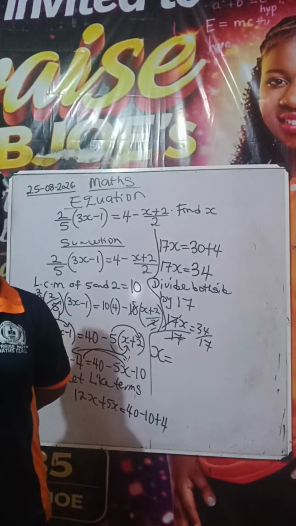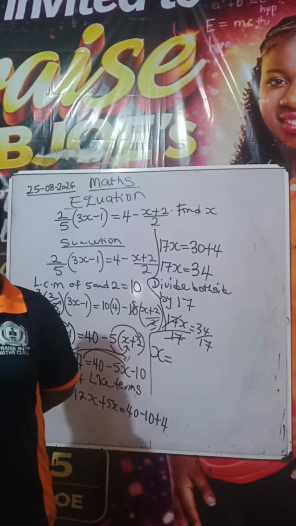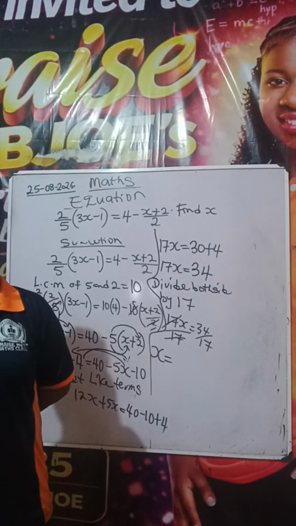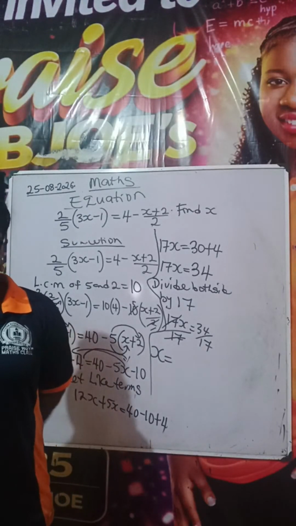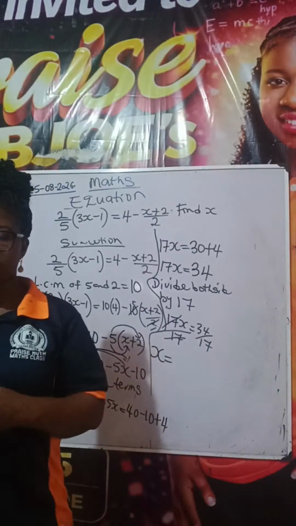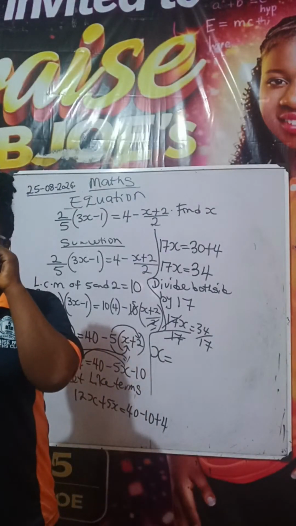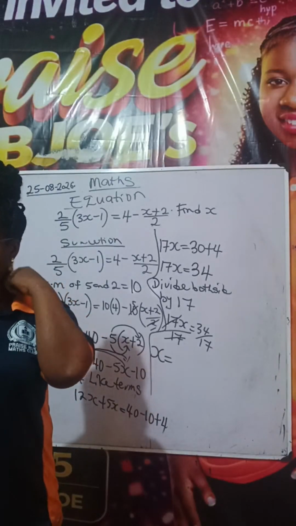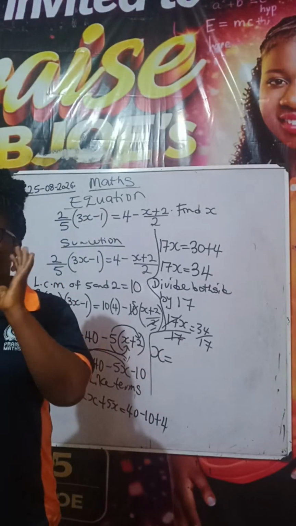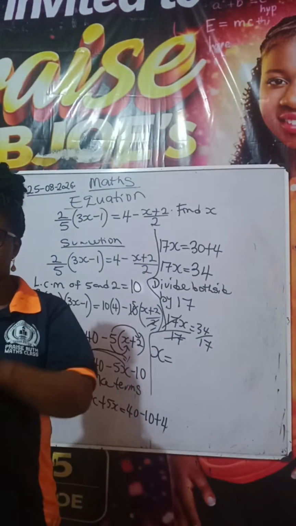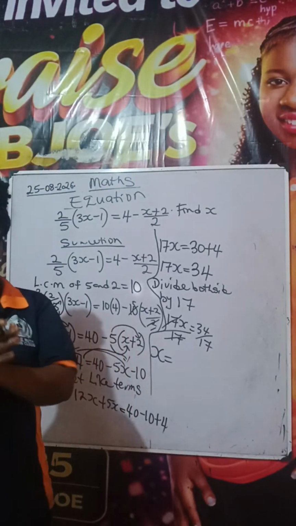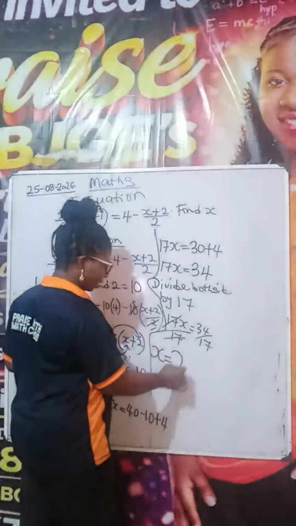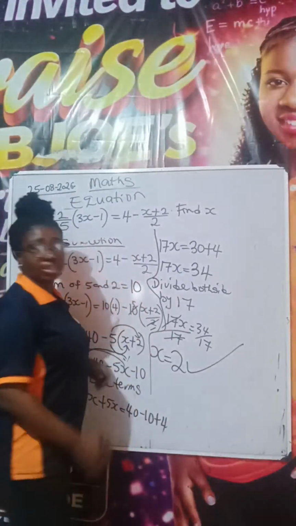Is it possible for them to divide? If you said yes, so how many 17 in 34? Exactly 2. That means we have it 2 times. Correct. So our x is equals to 2, and that is the answer.